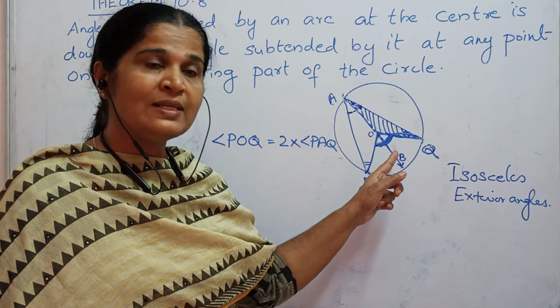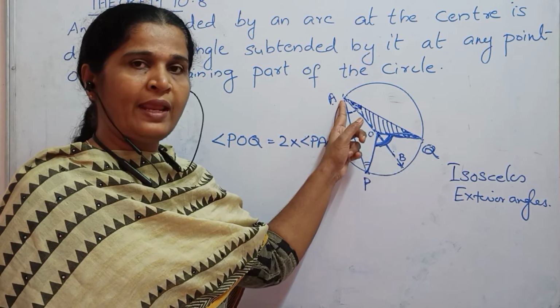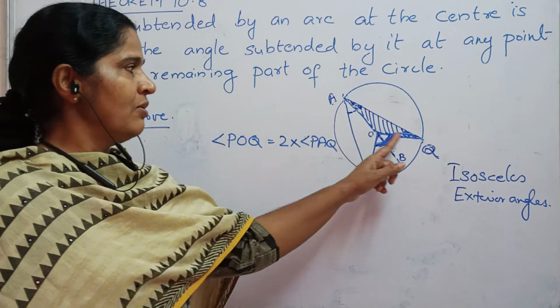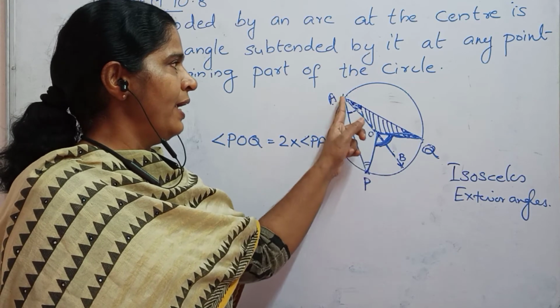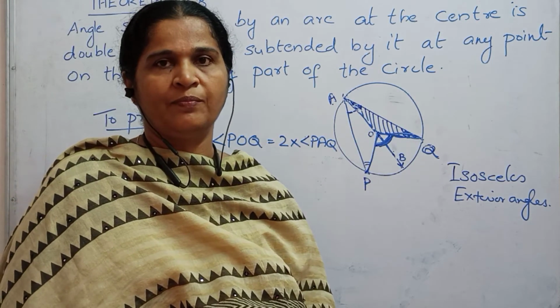These 2 angle measures are equal because it is an isosceles triangle. Why is it isosceles? Because O is the center of the circle, and OQ and OA are both radii. So these radii, OQ and OA, make their opposite angles equal.